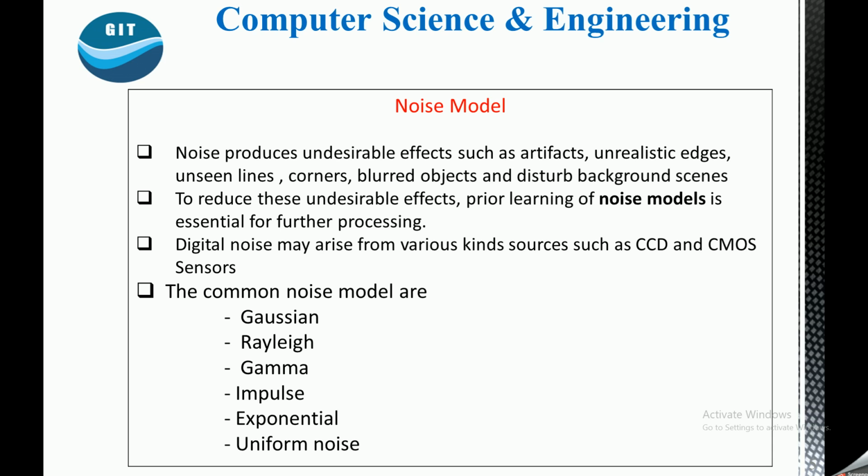In digital images, noise may arise from various kinds of sources such as CCD and CMOS sensors. The common noise models used in digital image processing are the Gaussian model, Rayleigh model, gamma model, impulse model, exponential model, and last one is the uniform noise model. These above models are used for noisy images.